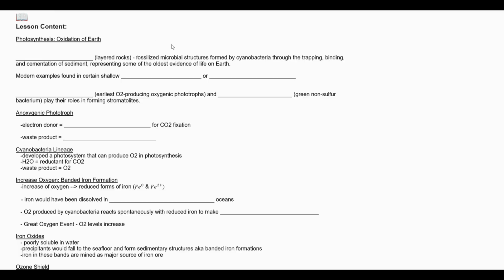The oldest evidence of life on Earth can be found in stromatolites. They are fossilized microbial structures formed by cyanobacteria through the trapping, binding, and cementation of sediment. So our first fill-in is stromatolites.